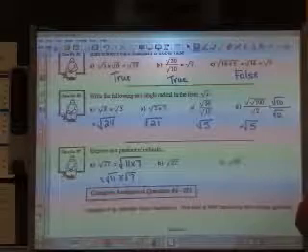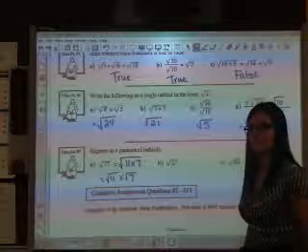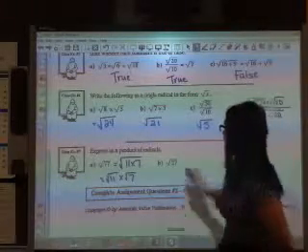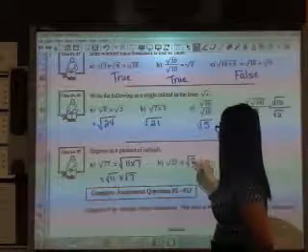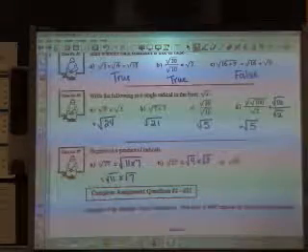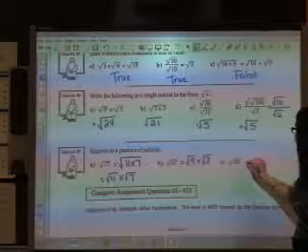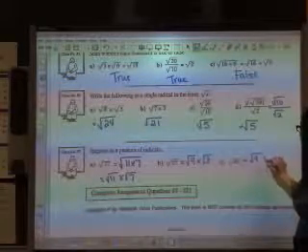What about 27? 9 and 3. So the square root of 9 times the square root of 3. What about 40? 4 and 10.